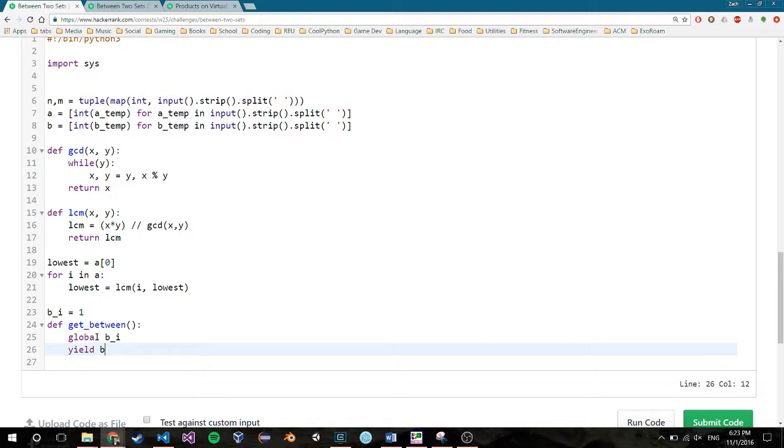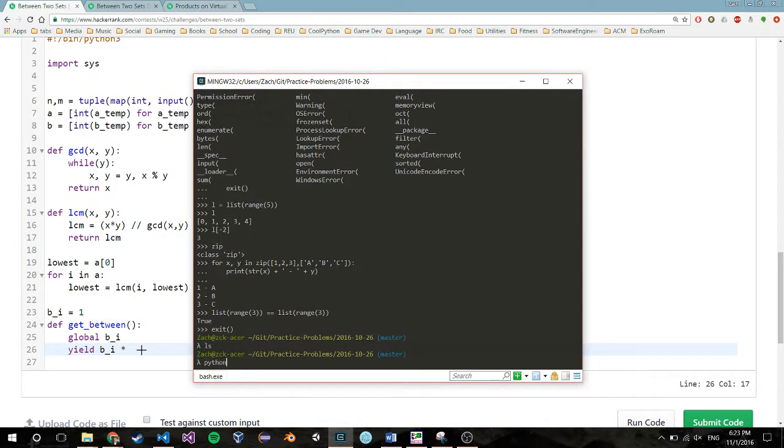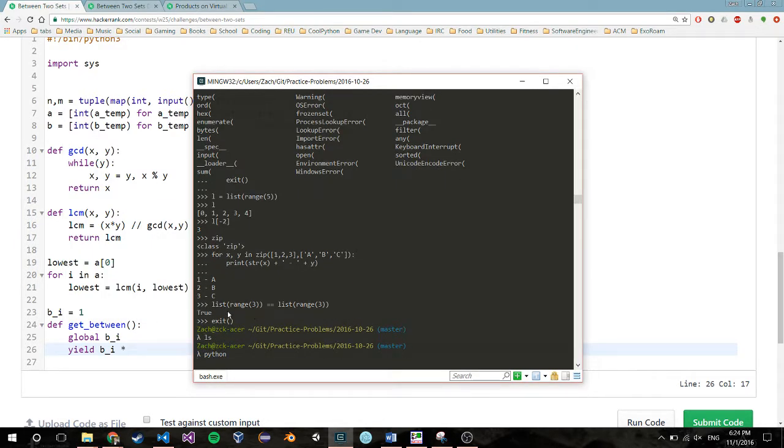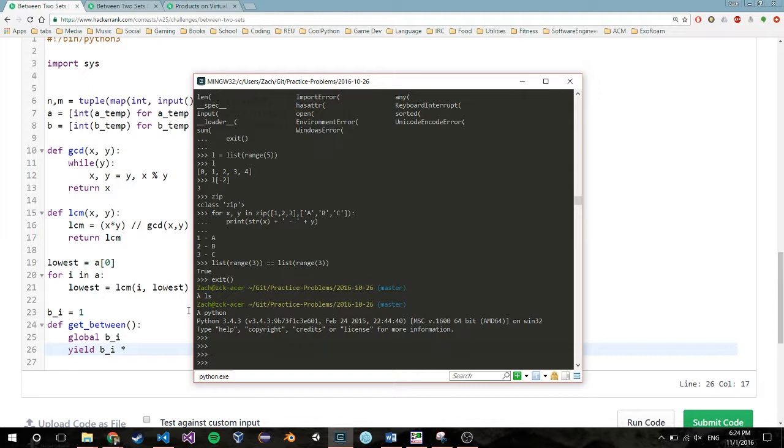Double check this for a second. I haven't done anything with generators in a while. Basically, you can create a variable and set it equal to that, and then just keep calling next on it, and it'll give you the next one.